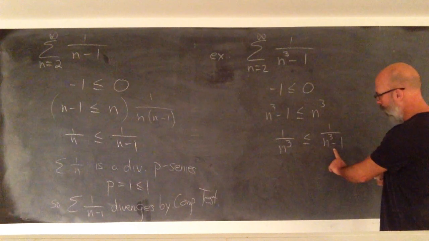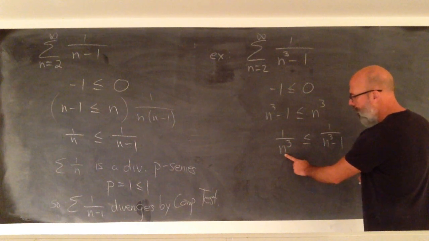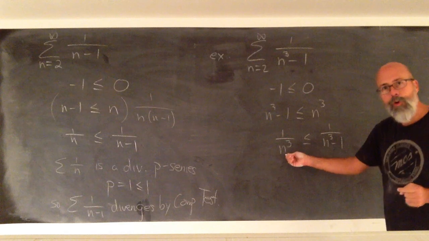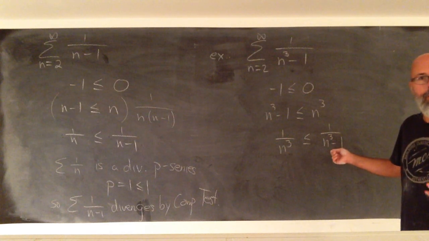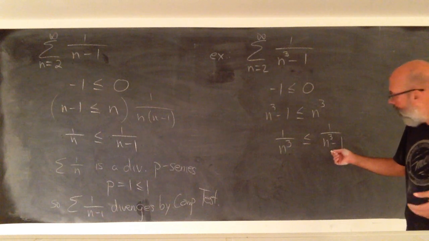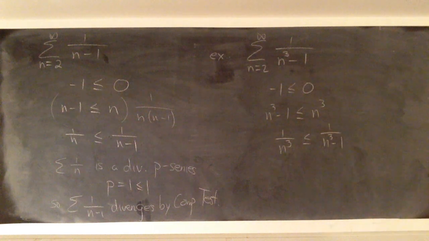And now this is what we're interested in. But compared to this, this series converges. So if the small one converges, you can't conclude anything about the bigger one. It could converge, it could diverge. We don't know. You see, the inequality is going the wrong way.